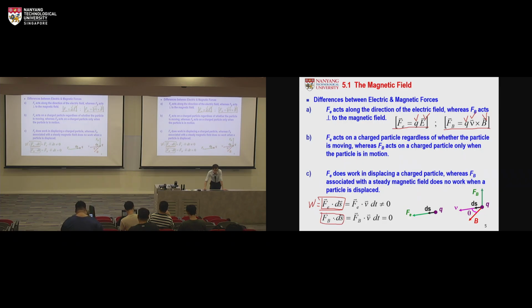So you can see for the magnetic force, this is always going to be 0. Whatever displacement you have, whatever velocity and magnetic field you have, this always has to be 0. Why? Why does this dot product always have to be 0? Sin 90 is 1.